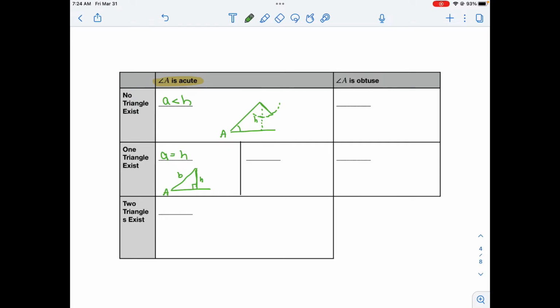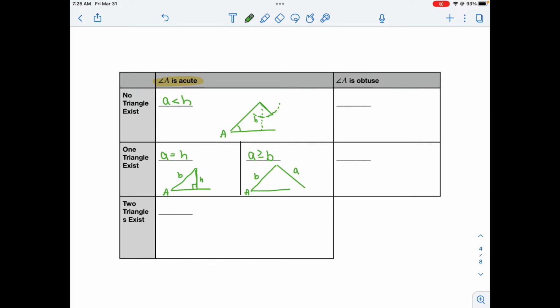The second way that you could get one triangle is if the side length opposite the angle given, which is A, is greater than or equal to the length of the adjacent side. So when you have an acute angle, if the side opposite the angle given is greater than or equal to the adjacent side, then you're going to form one triangle.